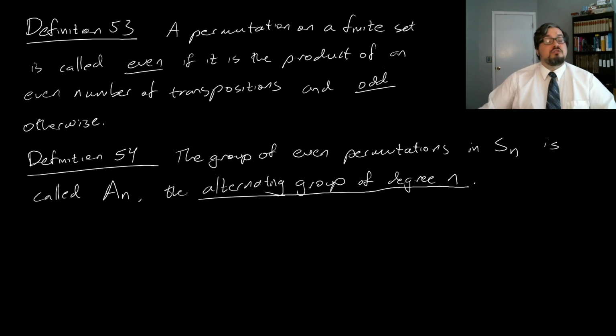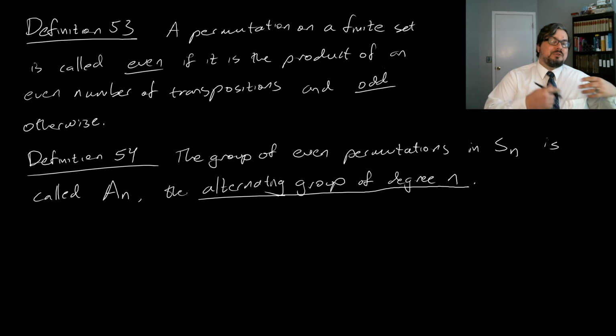Now, I've used the word group here advisedly. It turns out that if you look at only the even permutations on a set of n elements, that is a group, and that's another one of your exercises. And so it has an identity. Well, we've actually already shown that.